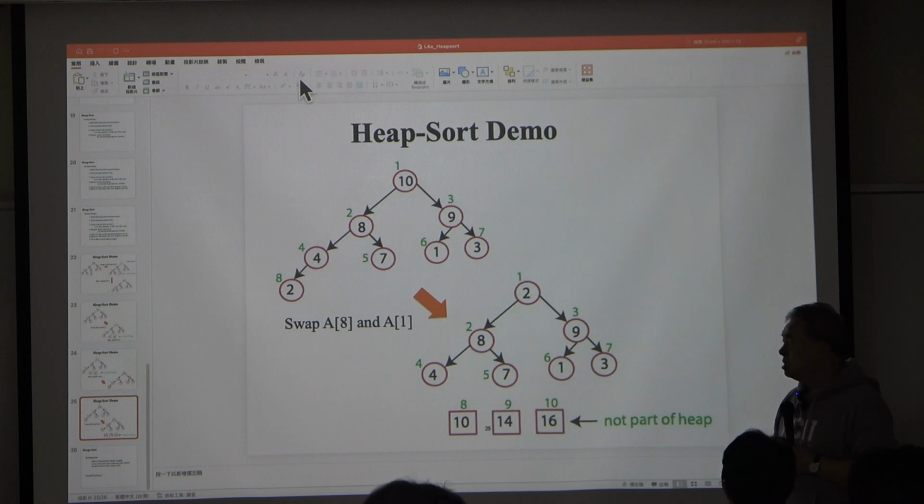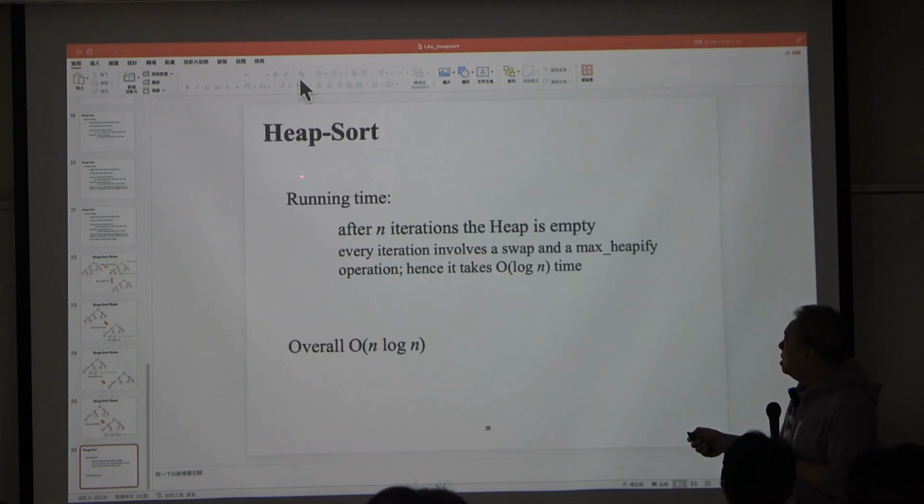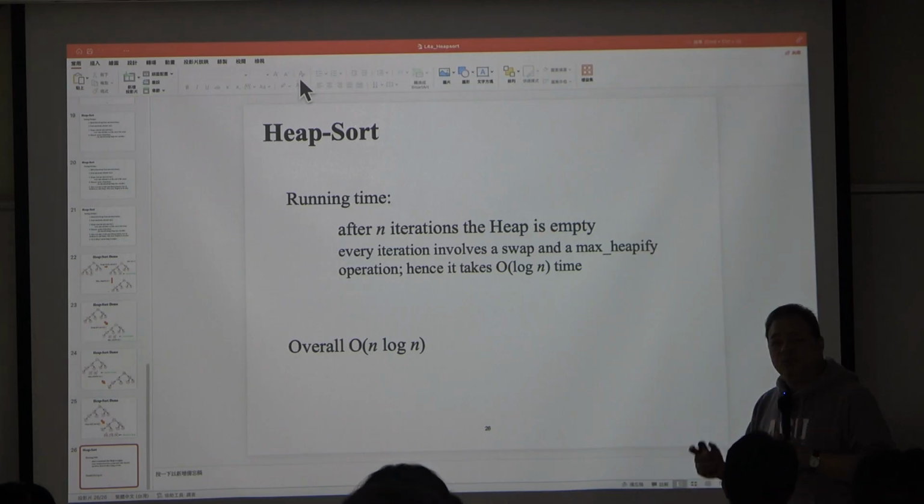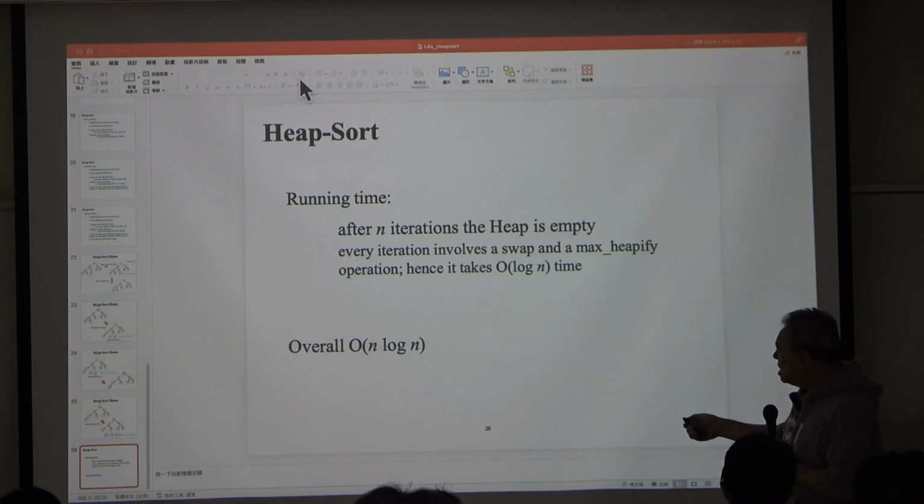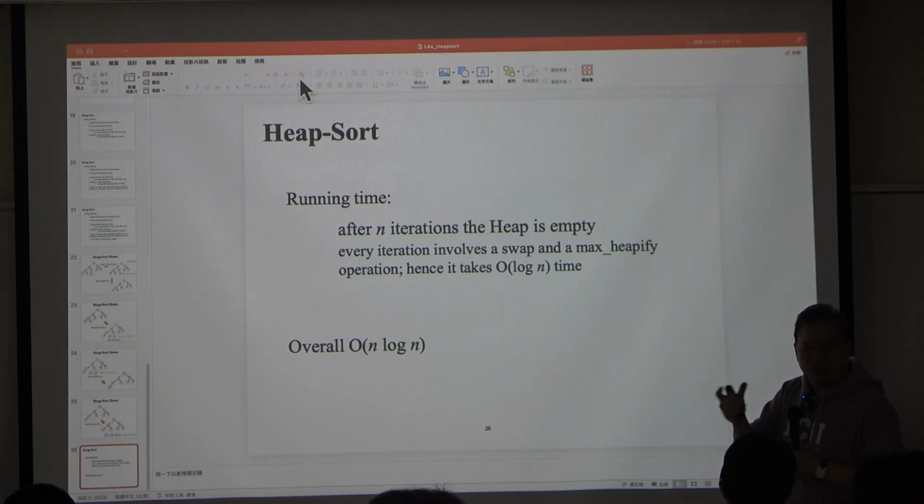What is the time complexity of the heap sort? Because we need n iterations. Basically each iteration gives us one sorted element, right? So we have roughly n iterations, because if you argue, it's probably n minus 1, because the last element doesn't need to be, we don't need to do anything, right?